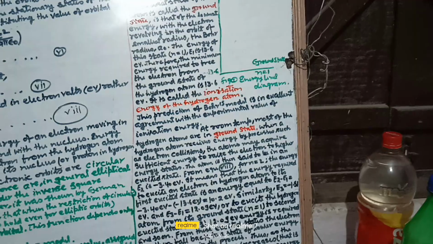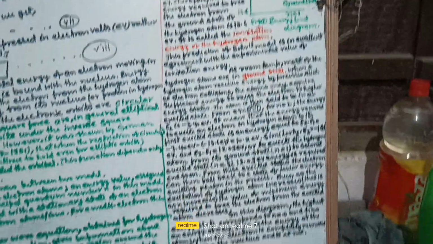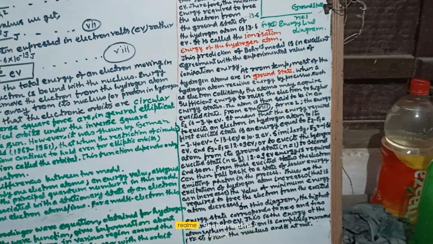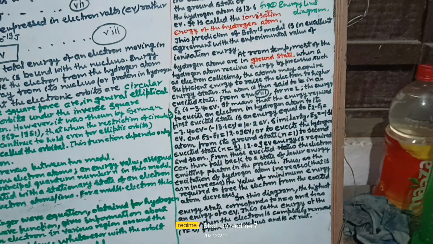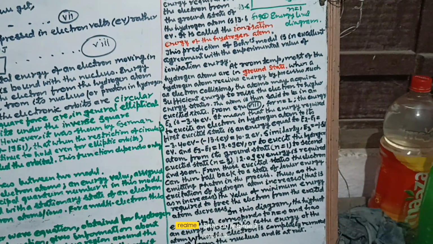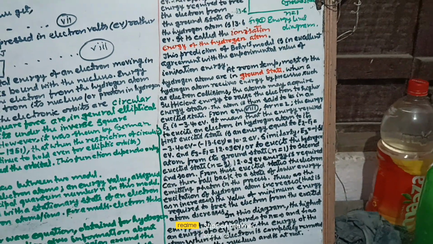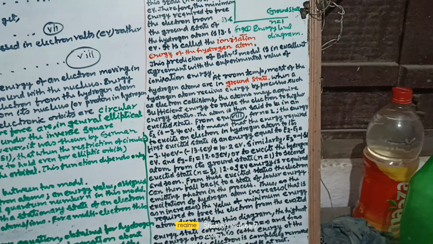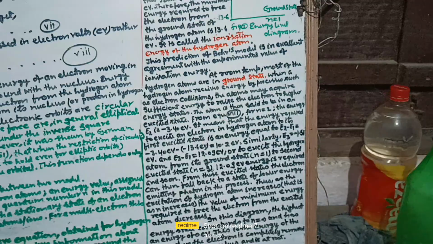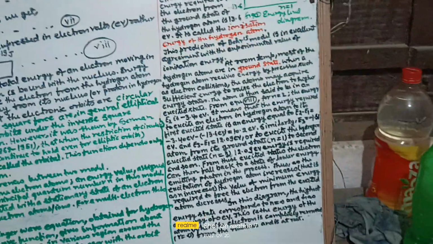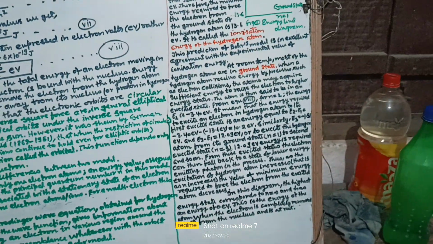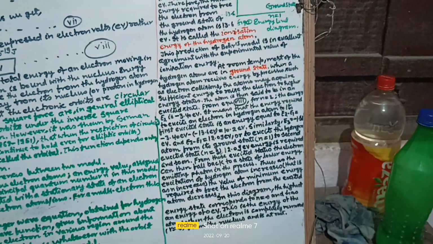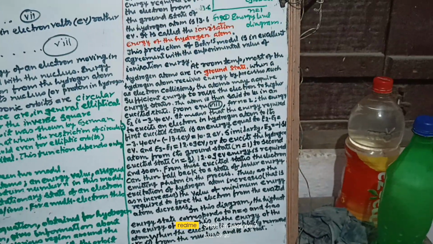Or to excite the hydrogen atom from its ground state, n equals 1, to second excited state, n equals 3, 12.09 electron volt energy is required, and so on.